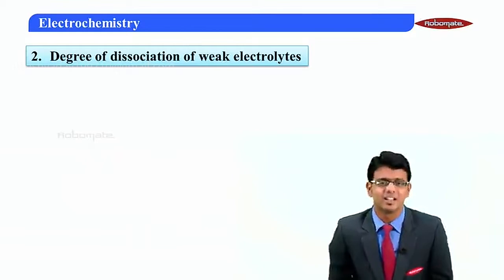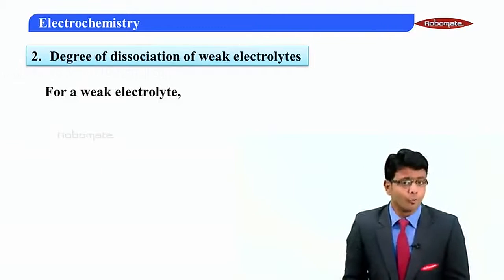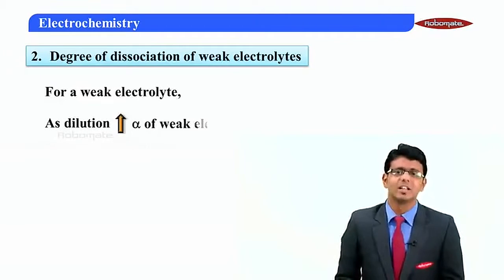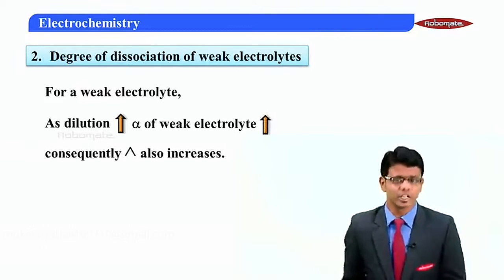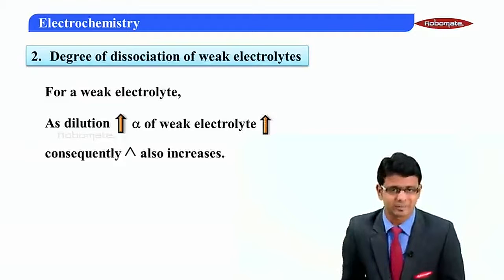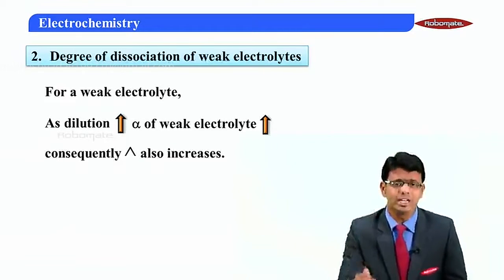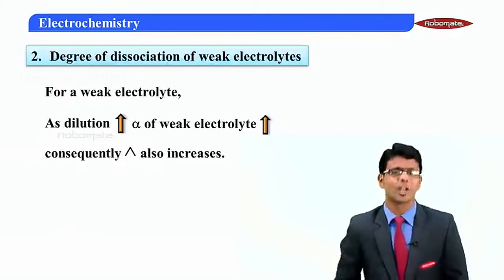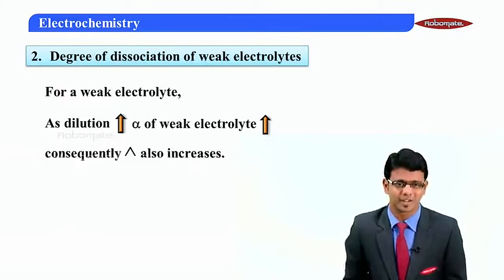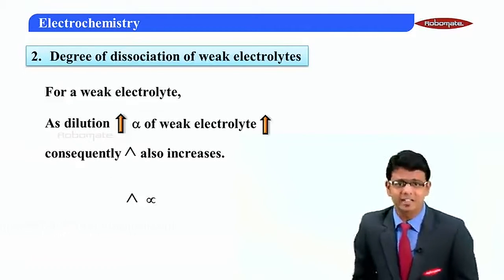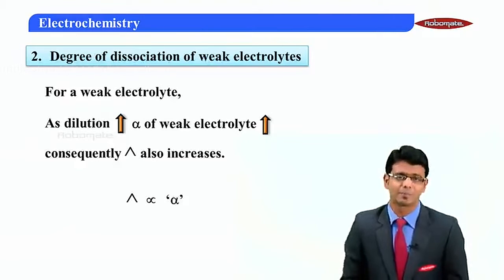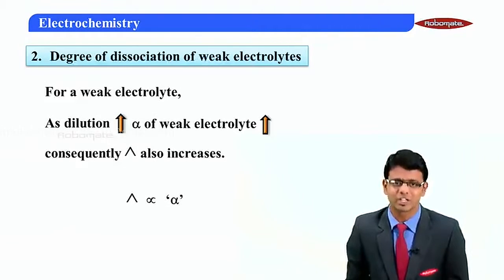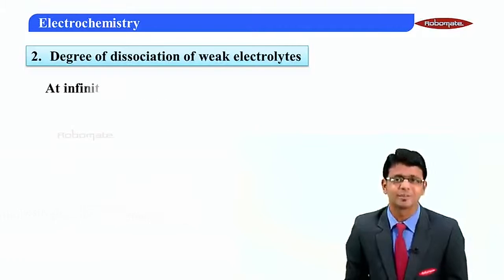And for a weak electrolyte, as dilution increases, the degree of dissociation also increases, which eventually leads to an increase in molar conductivity values. So we can say that molar conductivity is directly proportional to alpha, that is the degree of dissociation, right students?